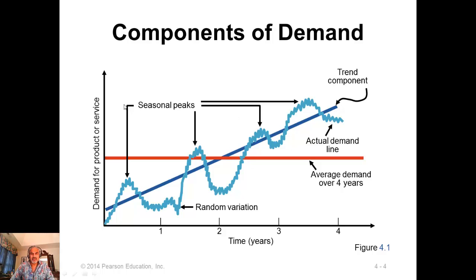So that's your seasonal component. Then cyclical component is gradual ups and downs caused by economic considerations, economic factors. And random component is everything else that you cannot associate with any particular reason.